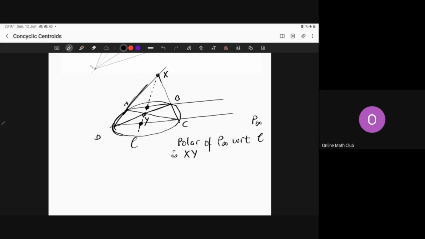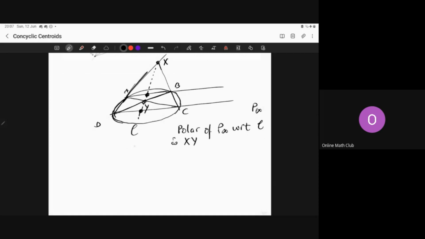Okay, so the polar of P infinity will pass through the center of C. So that means XY passes through the center of C, or in other words, if you take a conic and you take two parallel chords and you take the midpoints and join them, this line will pass through the center of the conic.